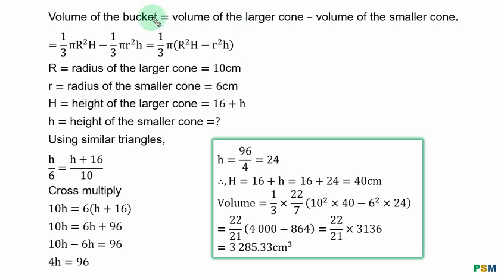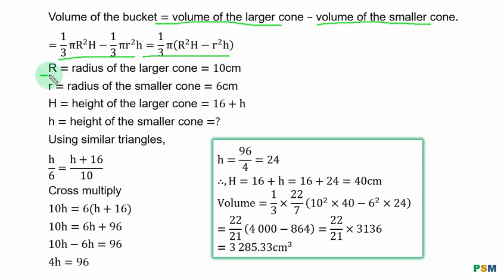Volume of the bucket is equal to volume of the larger cone minus volume of the smaller cone. You have it in this form. You factor out 1/3 pi, and you have it in this other form.